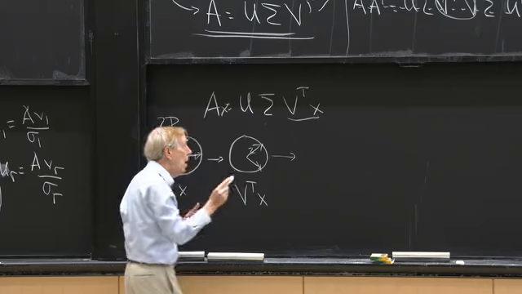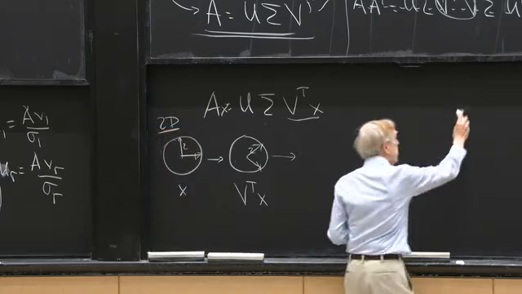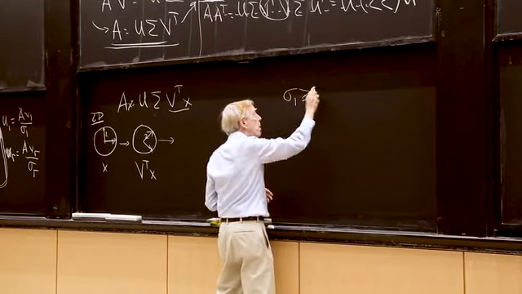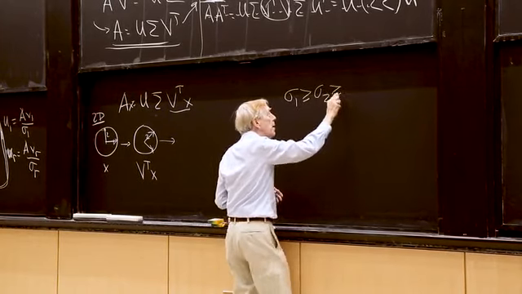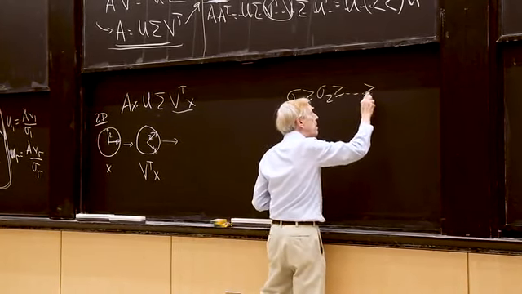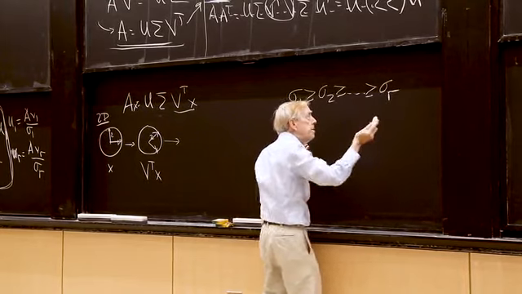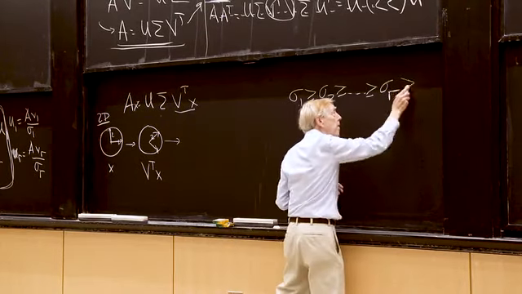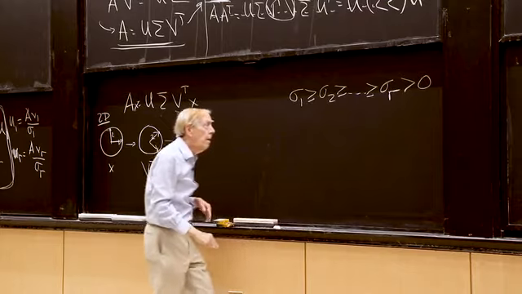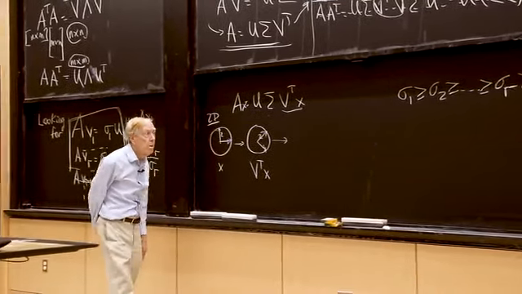So our convention is sigma 1, we always take sigma 1 greater or equal sigma 2 greater or equal whatever greater or equal sigma rank, and they're all positive, and the rest are 0.